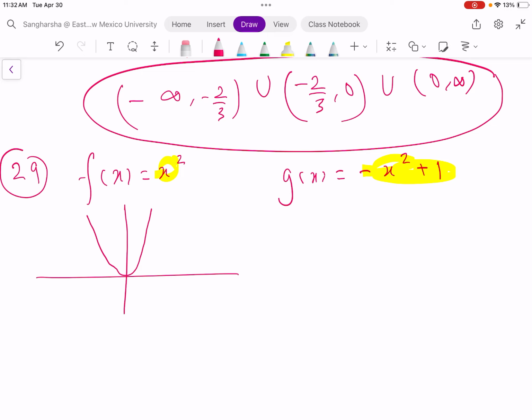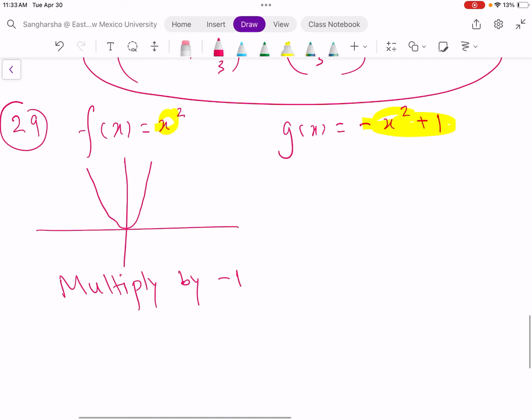We multiply by negative 1. If we multiply by negative 1, what kind of transformation is this? Reflection.